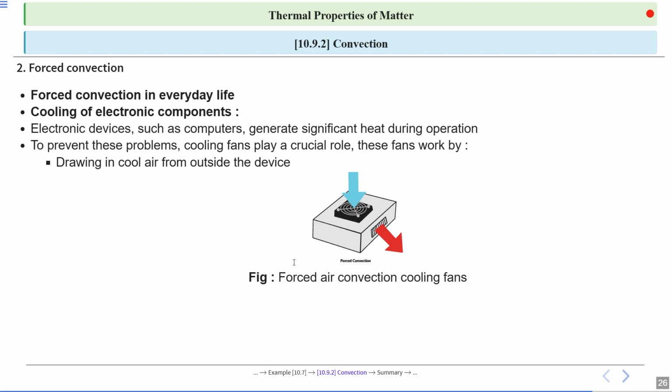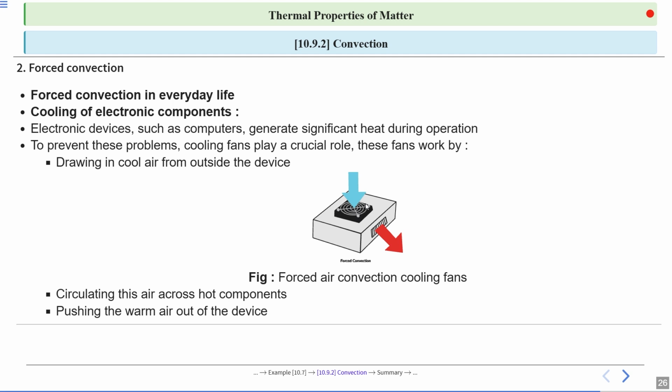Look here: forced air convection cooling fans. There are two movements of air, circulating the air across the hot components and pushing the warm air out of the device. Warm air is pushed out from the red region.